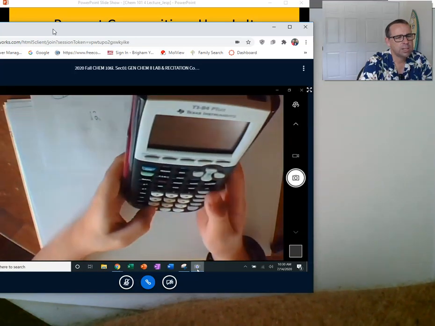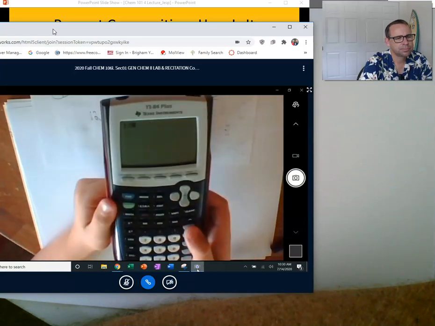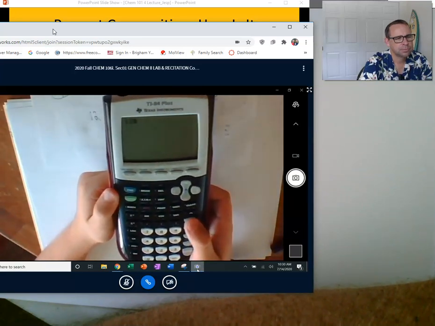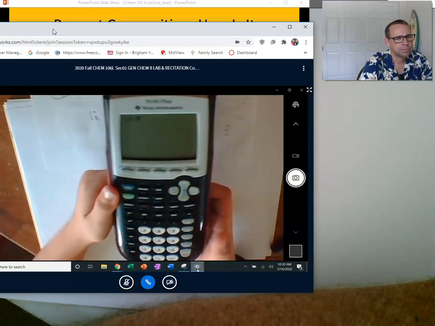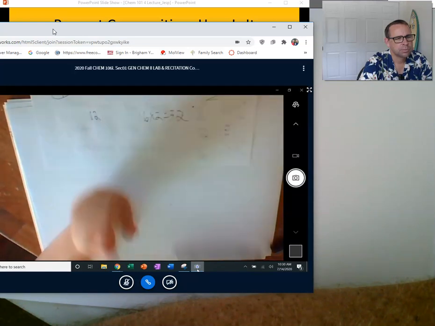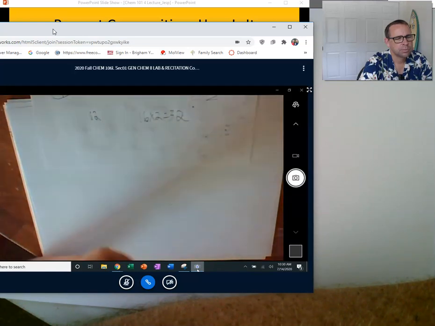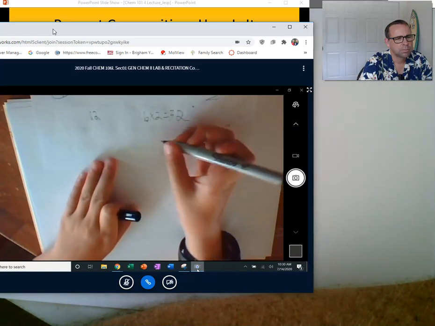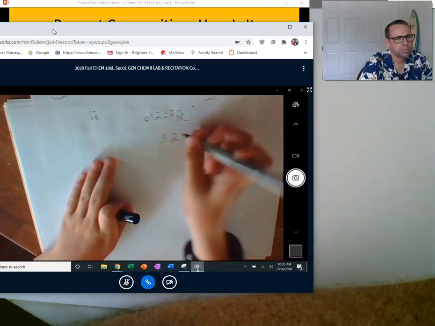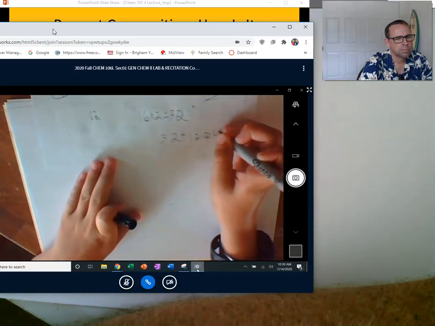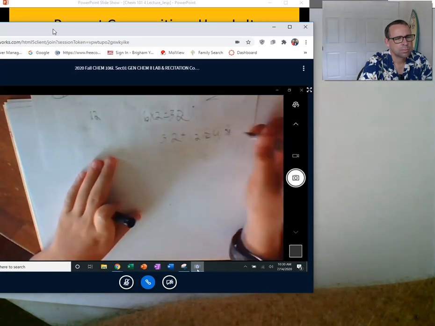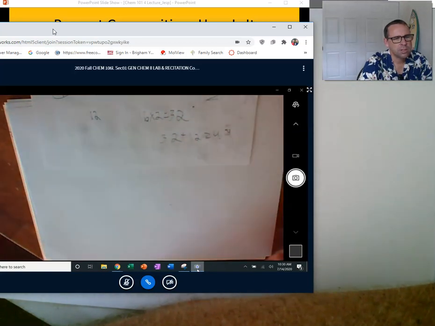If you hold it flat, we can see. 12 divided by... Oh, wait. 44, is that what it is?